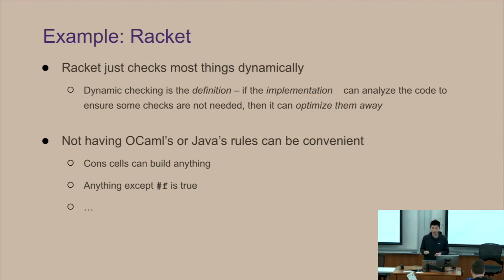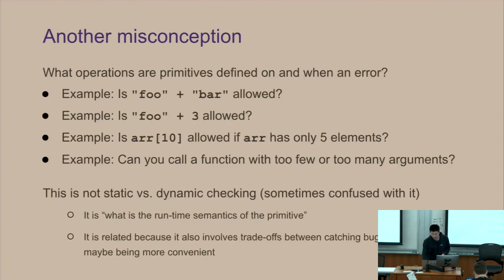If the implementation can analyze the code to ensure that some checks are not needed, then we can just optimize them away. This is very lenient for lots of cases that are not really strict. For example, cons can basically build anything. And anything except #f is considered true. Yeah, very, very convenient.